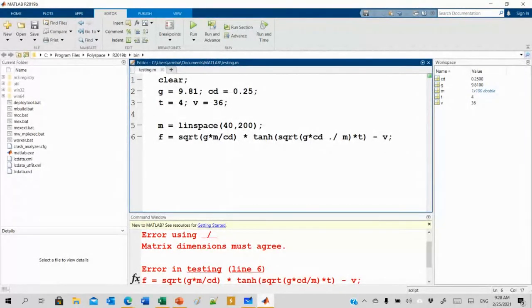Similarly, when I do this operation, I'll get a vector, and when I do this operator, I'll get a vector. So I cannot multiply vector with vector. I have to have an element wise operation between them.